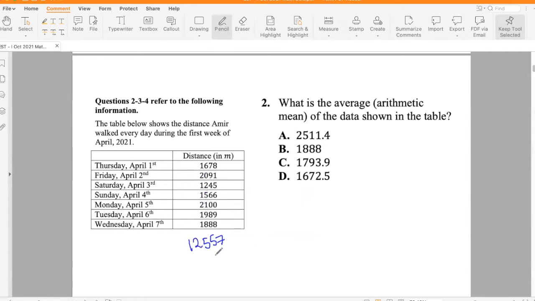So 12,557, and that divided by 7 comes to 1793.9, option C.